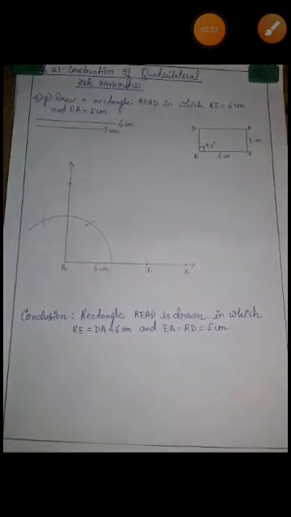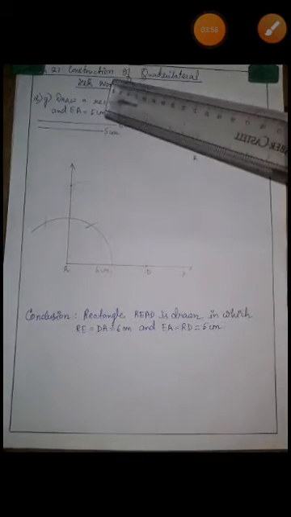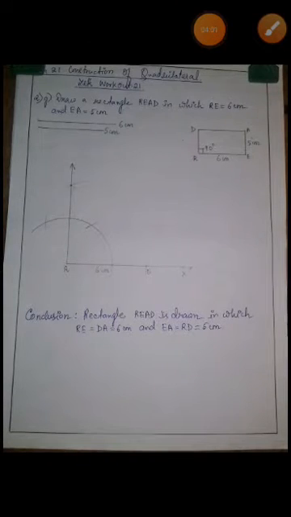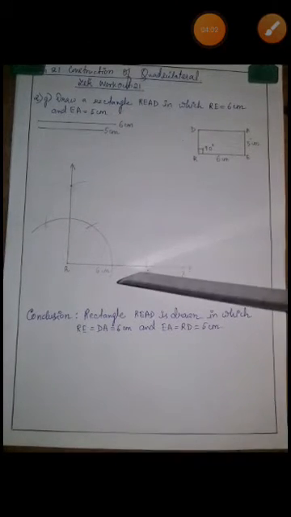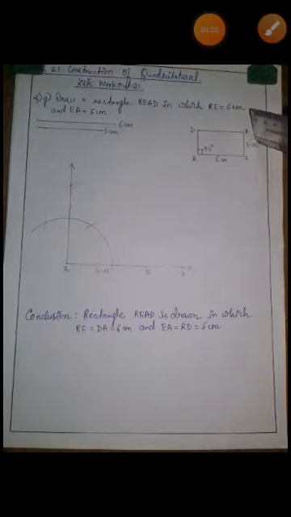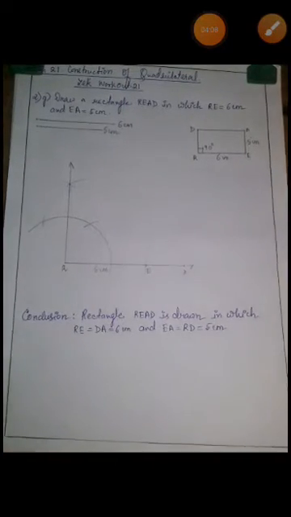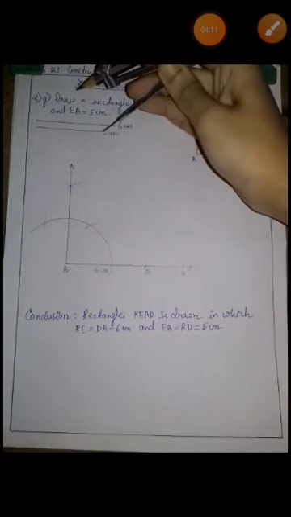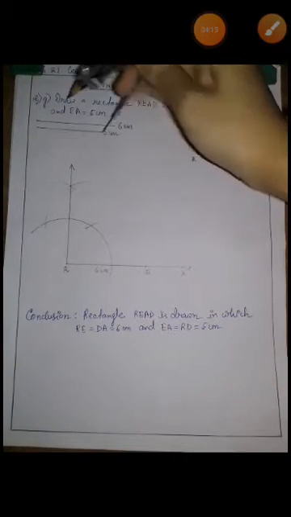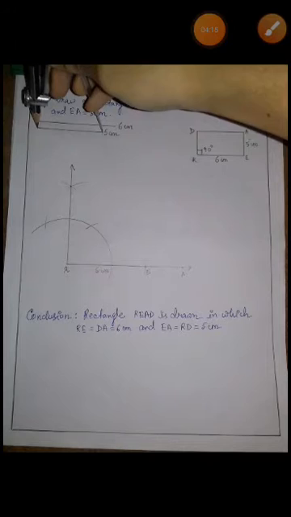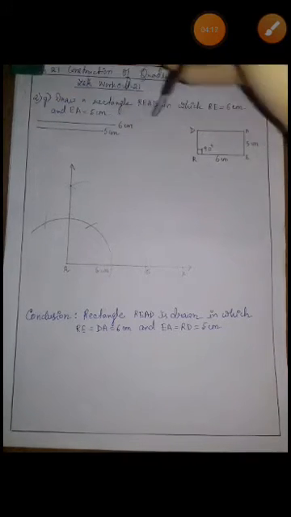Now students, see this EA, that is 5 centimeters. So E is over here. So by the rough diagram you can see, A is over here. So we will have to take the measurement of 5 centimeter. Alright.